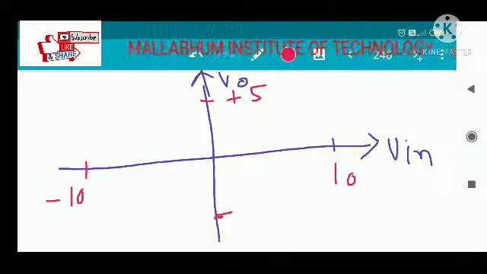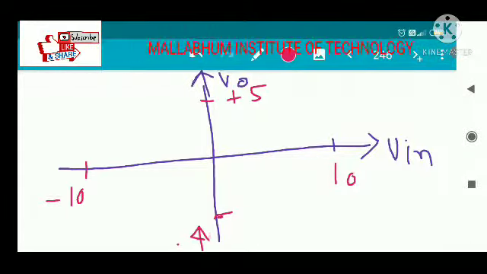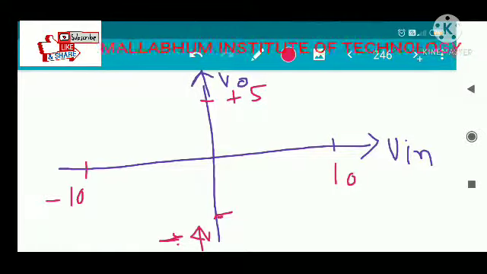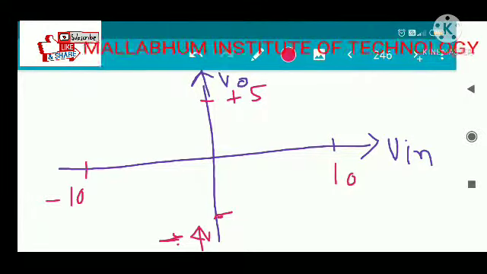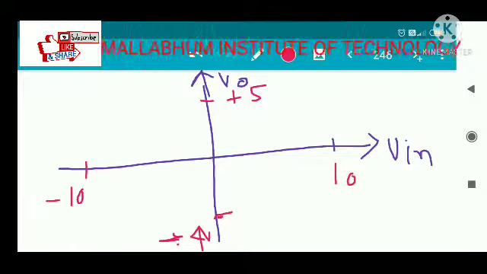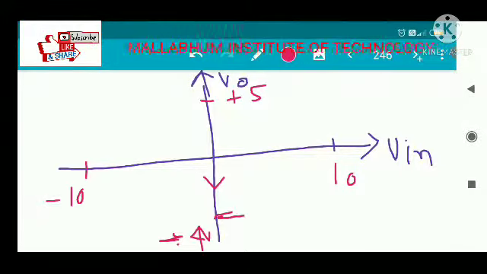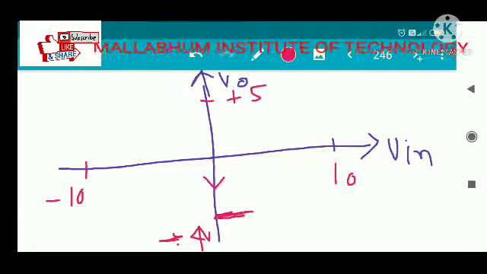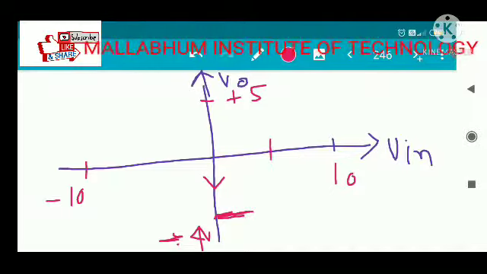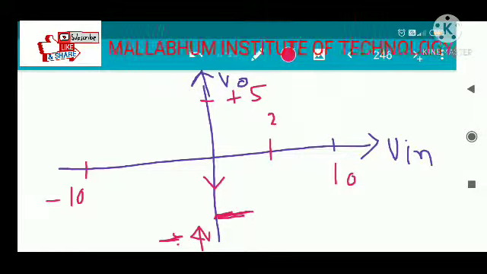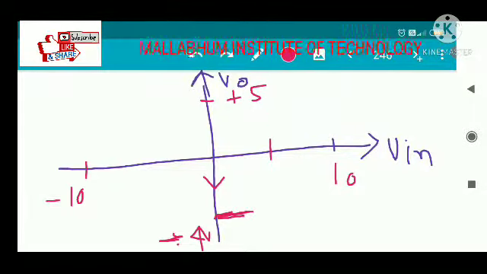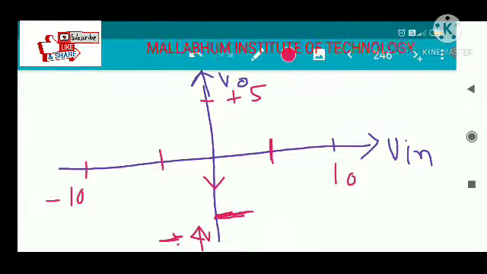So this is your minus 4 volt. Initially your output voltage is at minus 4 volt. When the input is going to increase, I am considering here is your 2 volt line and this is your minus 1.6 volt line.